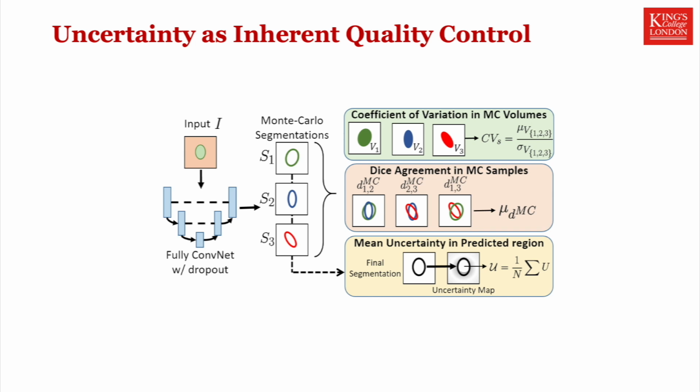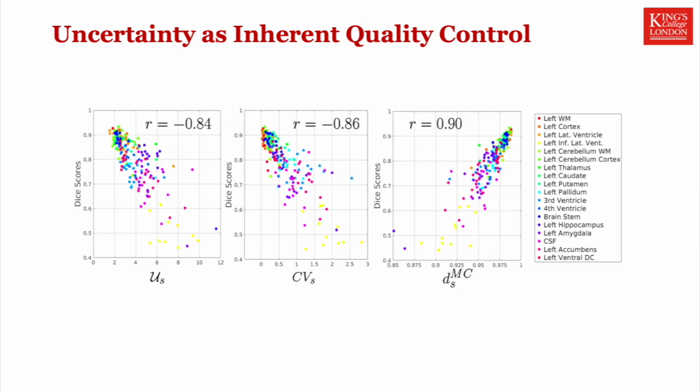And yes, you can use these uncertainties as a way to make those predictions and to use a model safely in a clinical environment. What's interesting about this method is that if you apply it to a real world situation, for example, calculating the dice score between multiple Monte Carlo samples, you see that the dice score between samples, presented in the plot here on the right, is highly correlated with the true dice score.